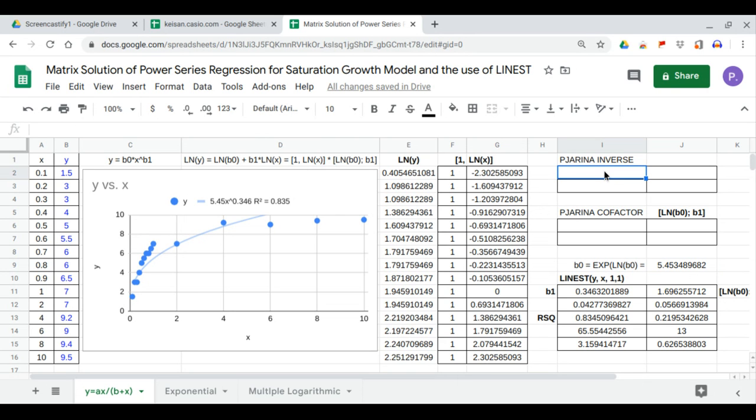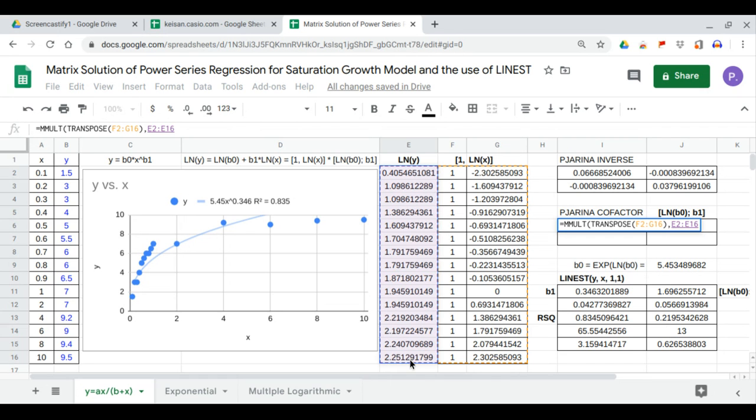You can also use the matrix solution. You begin with the pseudo-inverse matrix, which is inverse M mult of the transpose of the X matrix, the 1 comma ln X matrix, and itself. Then we calculate the pseudo-inverse cofactor, which is M mult of the transpose of the 1 comma ln X matrix and the transformed Y values.